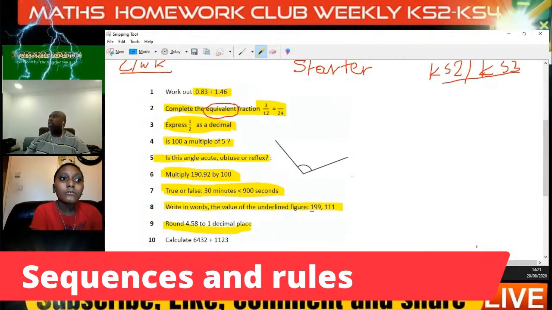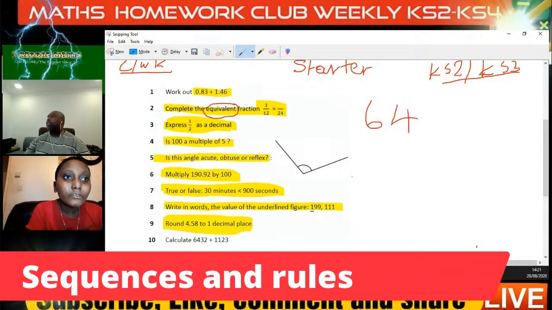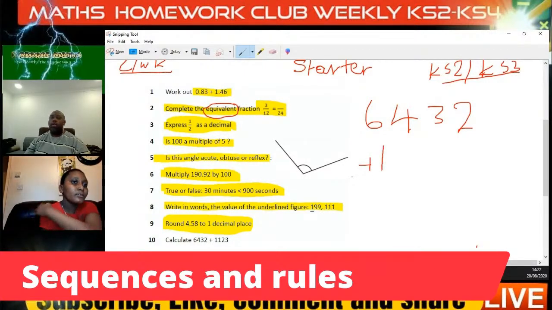Question 10, before we start sequencing rules. It says here 6,432 plus 1,123.